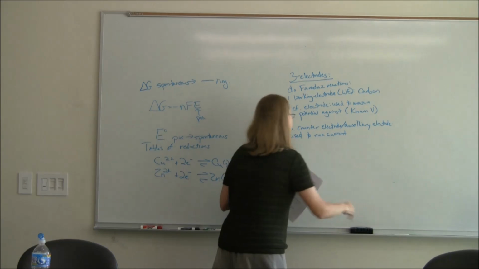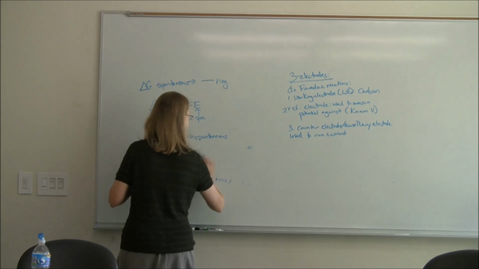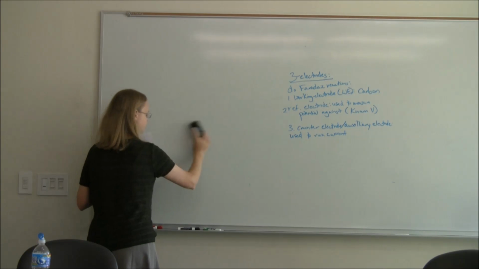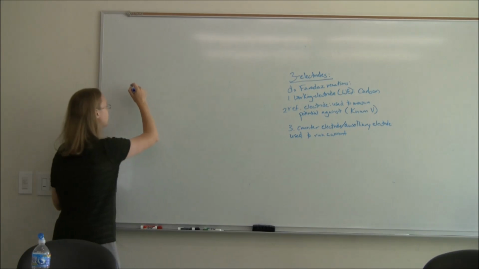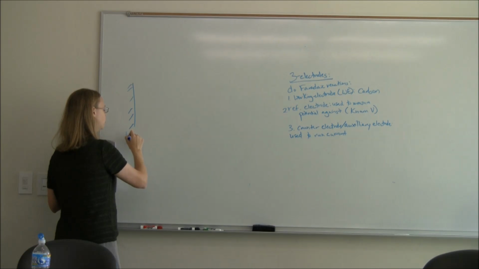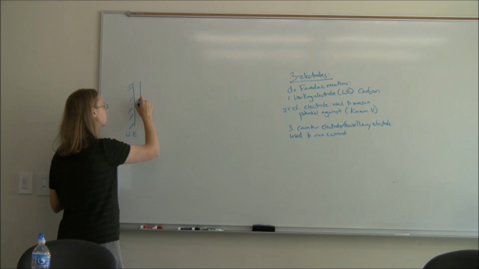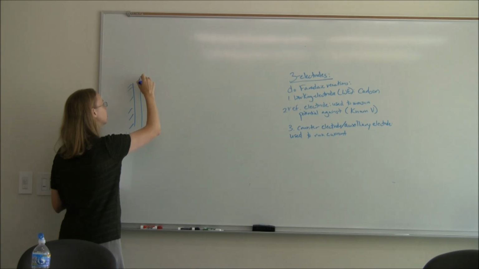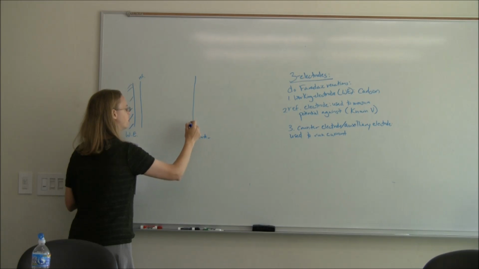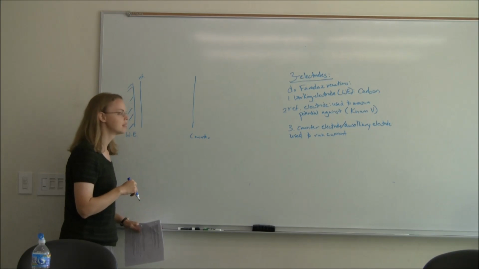So we typically like to set up our experiment like this. We like to set it up so that our working electrode, this is my generic electrode, is pretty close to my reference electrode. And then I don't really care where my counter electrode goes. It can go really anywhere I want to put it. It doesn't matter.